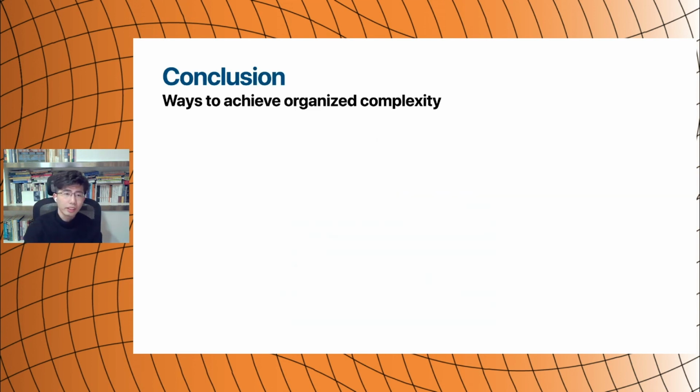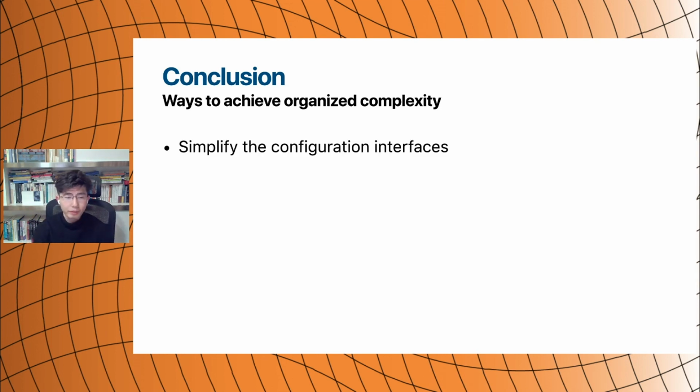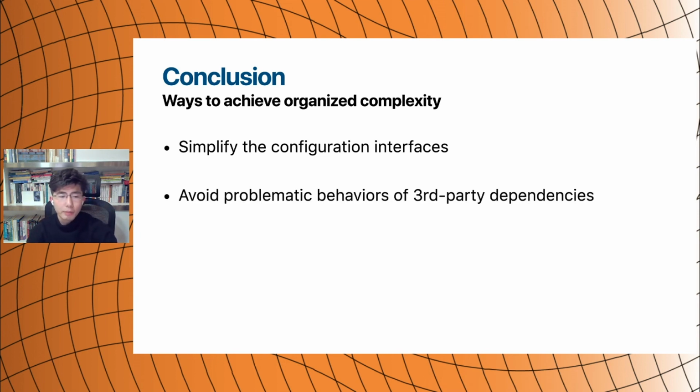In conclusion, today we talked about several ways to achieve organized complexity so that we can keep maintaining Vue CLI in a sustainable way. The first is to simplify the configuration interfaces, easing the burden of maintaining a bunch of complex configuration files. The second is to avoid problematic behaviors of third-party dependencies.